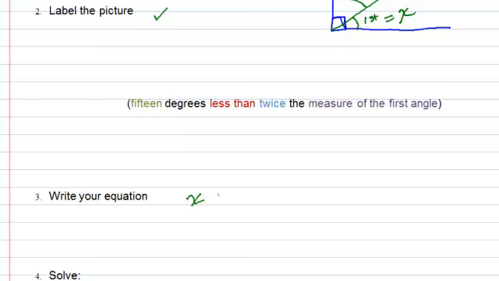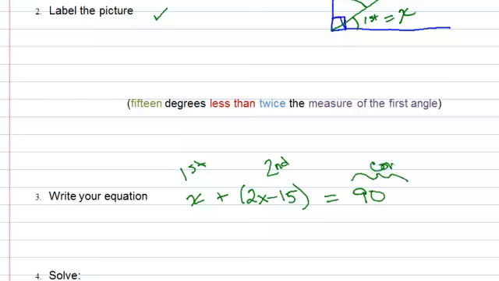So we say, here's our first angle, x, and our second angle is 2x minus 15. And those add up to 90 degrees. So we've got our equation written. We know that this is the first angle, this is the second angle, and 90 is what complementary angles add up to. Complementary. There we go.